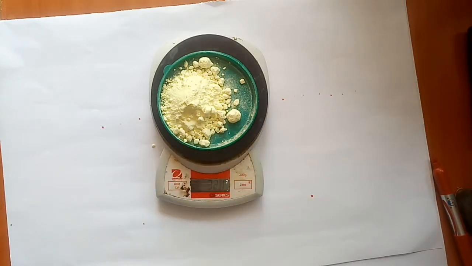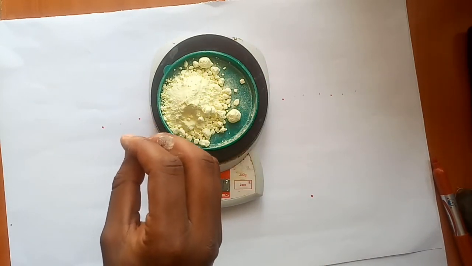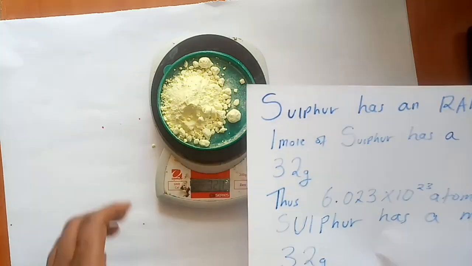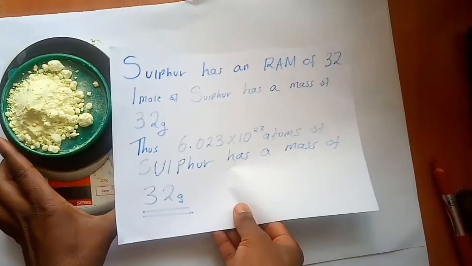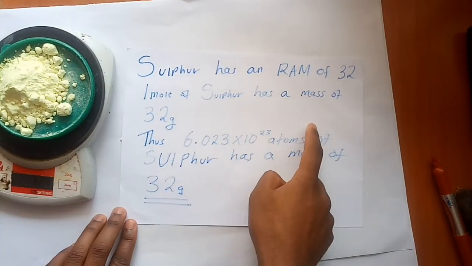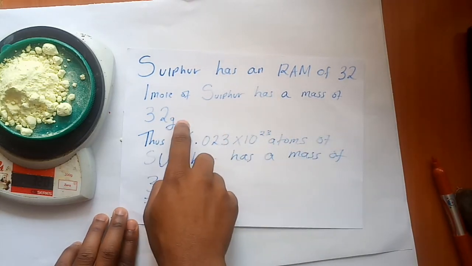In these 32 grams of sulfur, what is contained is 6.023 times 10 to the power 23 particles. Why? Because sulfur has an RAM of 32. 1 mole of sulfur, therefore, has a mass of 32 grams.